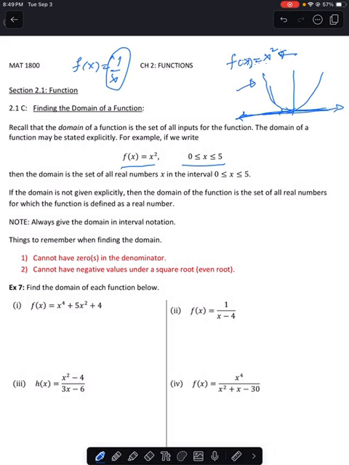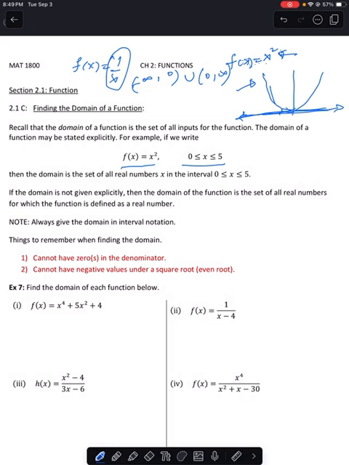But 0 is the only real number which will not work. So which means the domain of 1 over x is negative infinity to 0 union 0 to infinity. Okay? So if we are not given a restricted domain, then in general that is going to be the domain of the function 1 over x.